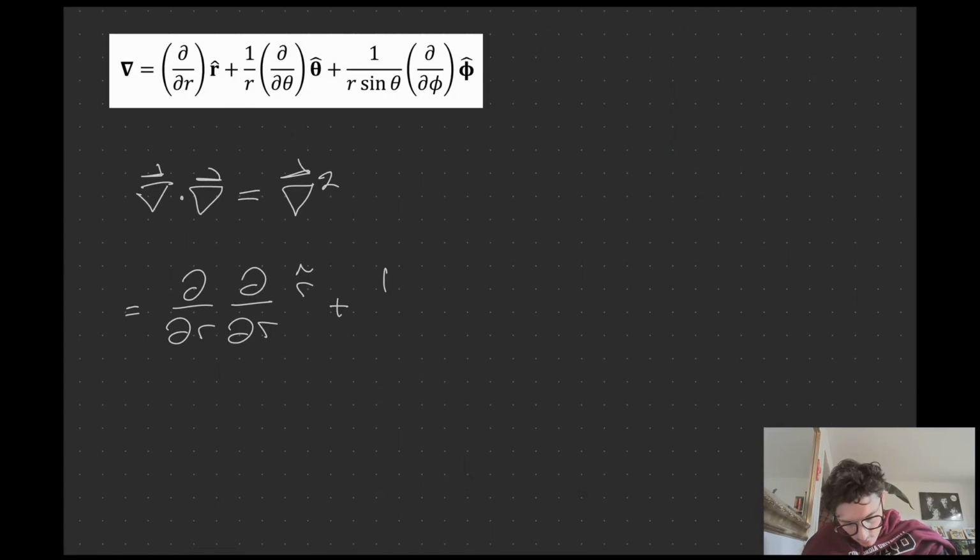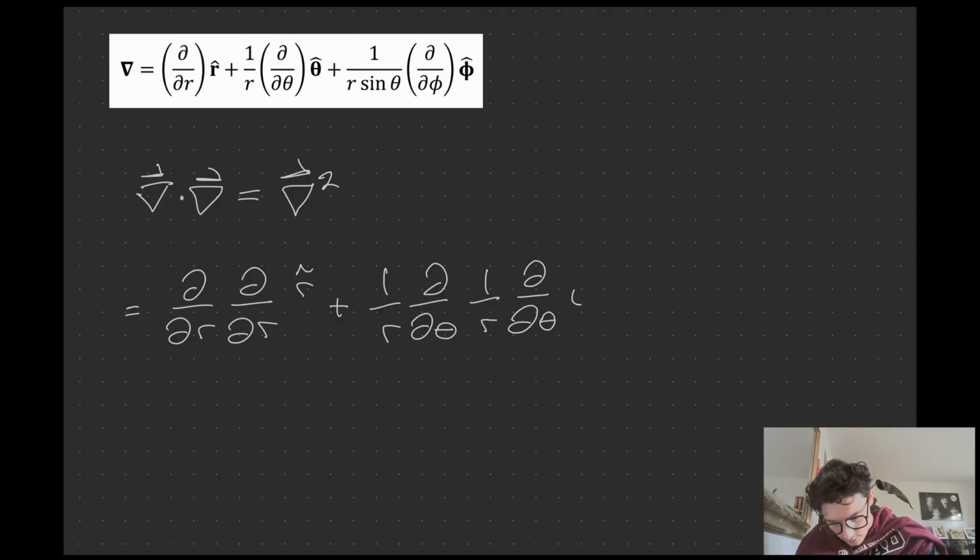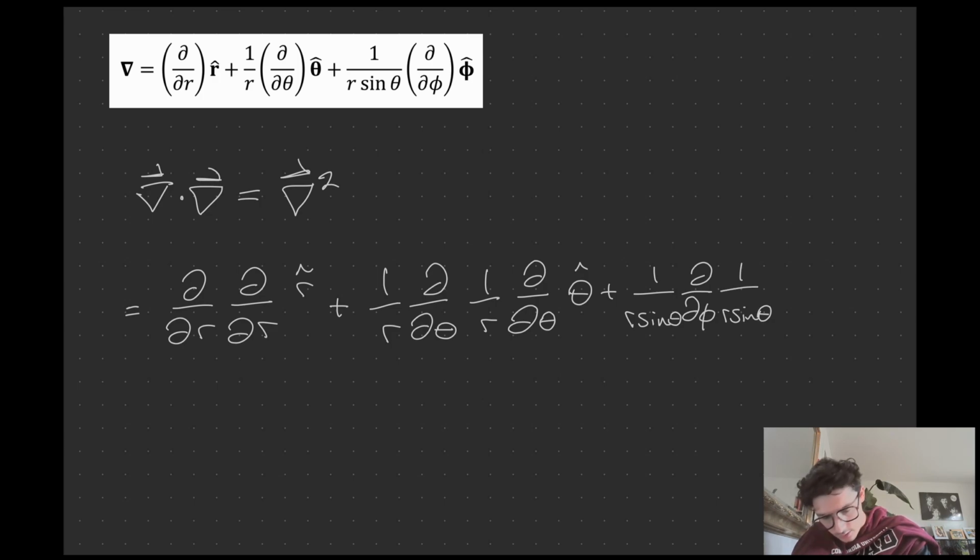Then here I think it's 1 over r partial theta, theta hat, plus 1 over r sine theta partial phi, phi hat. I've literally just plugged this thing into itself twice. Is this actually what it looks like? We're going to see. Let's simplify it here.